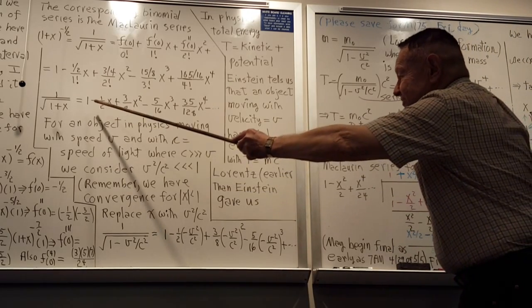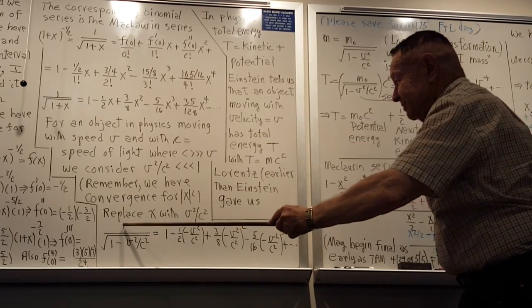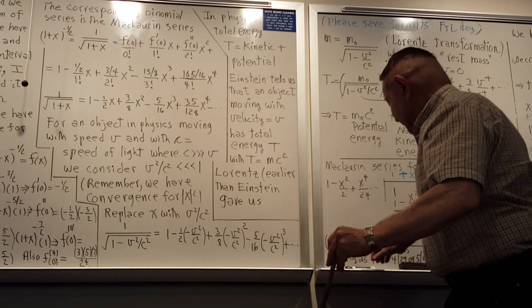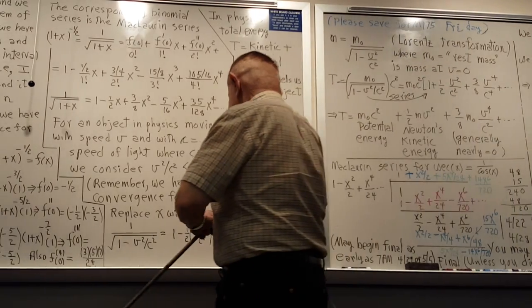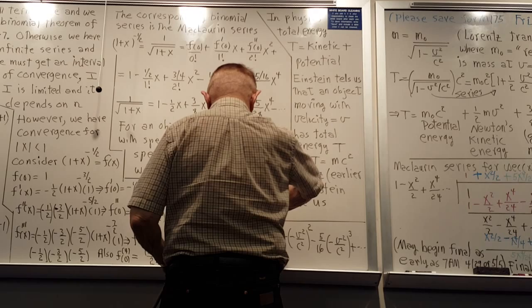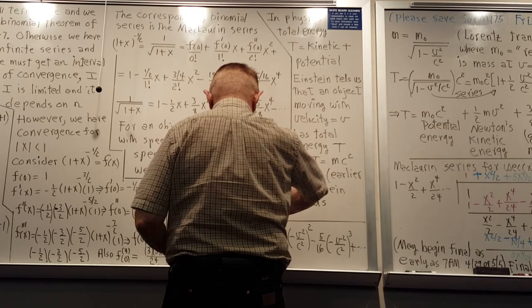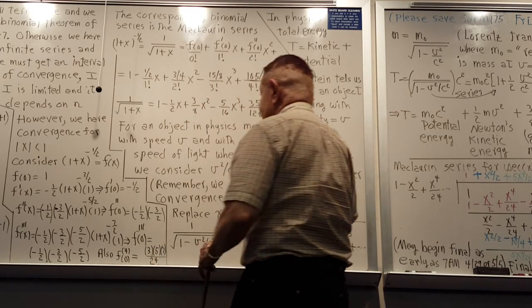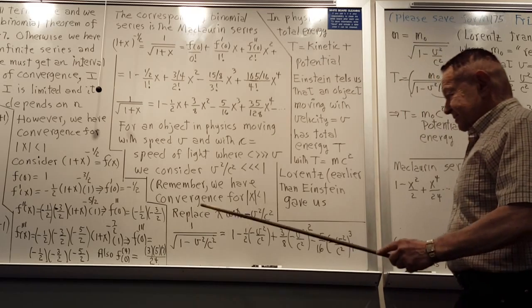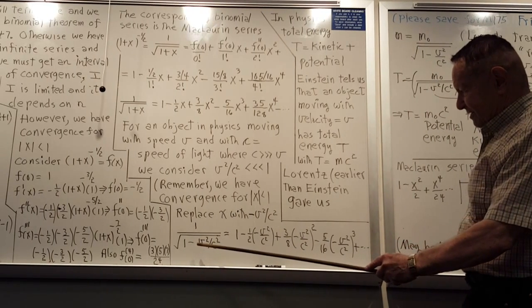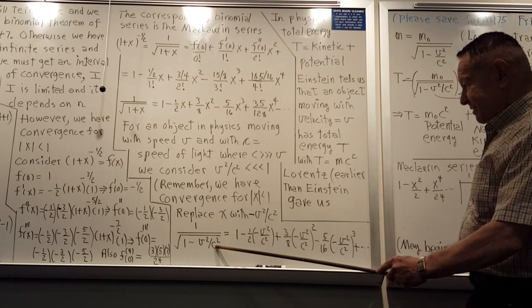And so then what you have is, well, I should have said with minus this. So then your 1 over square root of 1 plus x is 1 over the square root of 1 minus v squared over c squared.